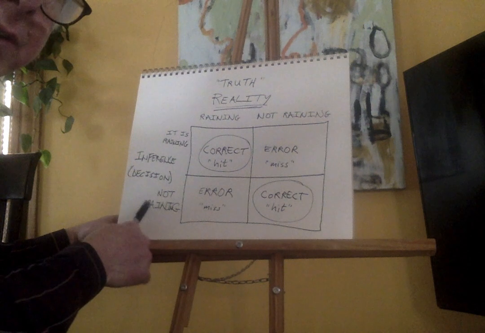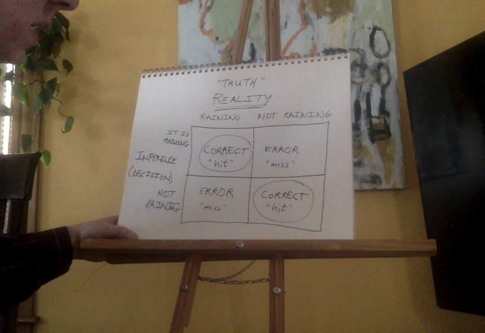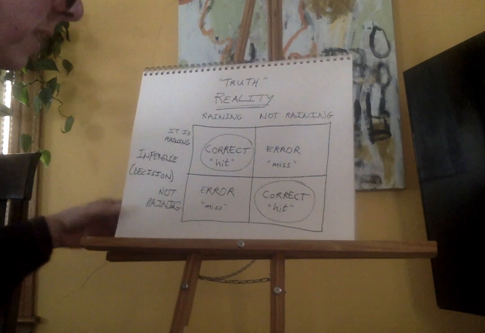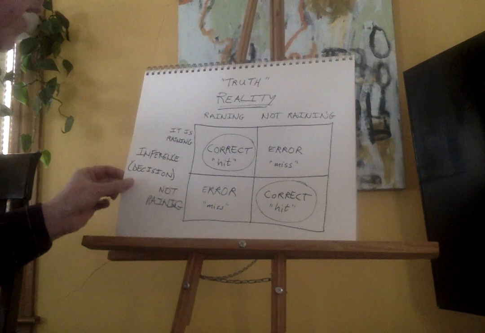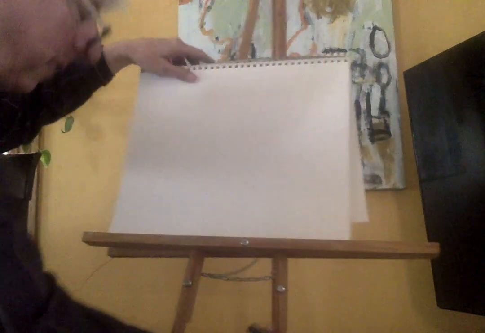When we're doing inferences, we're making guesses, all right? And you can have errors and you can be correct. And let's stay with the weather. Let's keep with the weather because this is one of my little pet peeves, especially here in upstate New York.